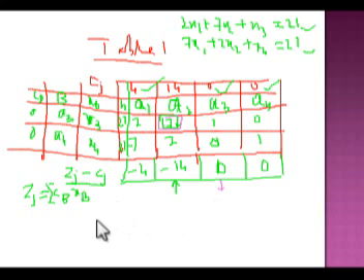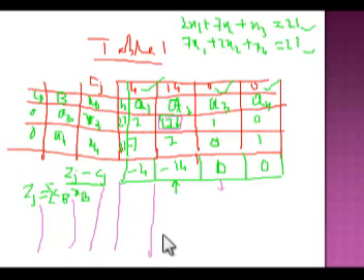Then what will be the further step? If we draw table 2, all the things are the same, just the data will be changed.